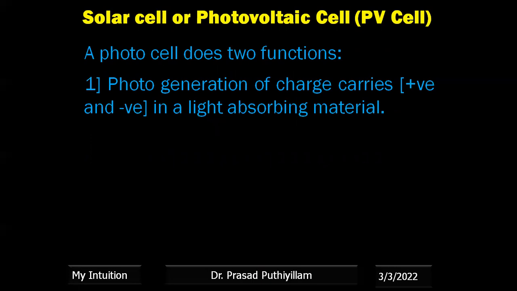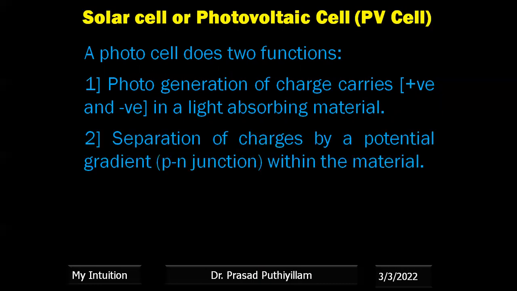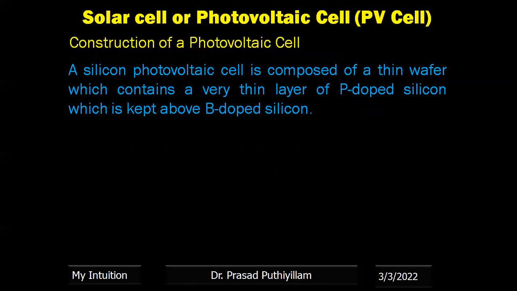A photovoltaic cell has to do two functions: produce the charge carriers, electrons and holes, by absorbing light, and those charge carriers should not combine with each other. They have to be separated. That means a potential gradient, a diode, or a PN junction is required within the material.